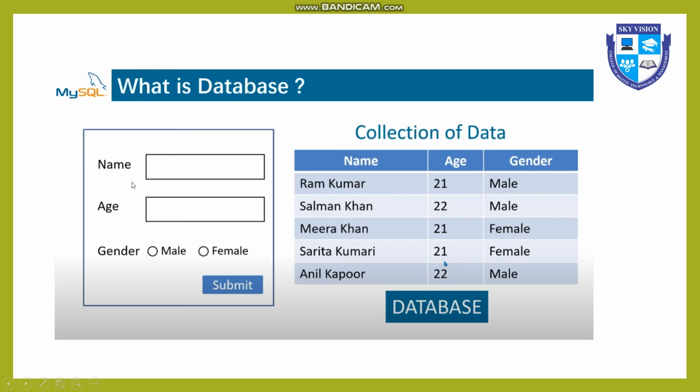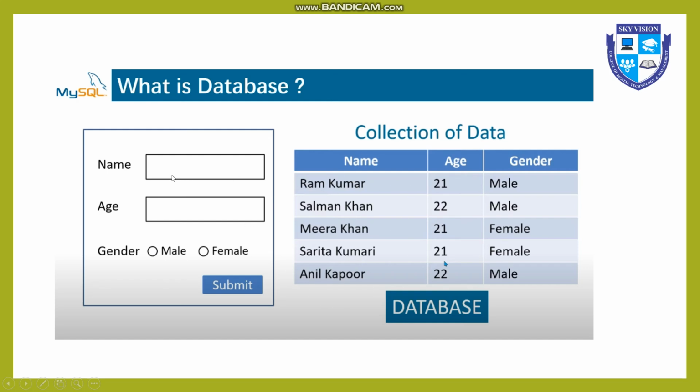After that, what exactly is the database? See the scenario over here: name, age, gender, submit. This is my HTML page, the HTML bones, the structure. After that, you can see the design over here, and that design is called CSS.